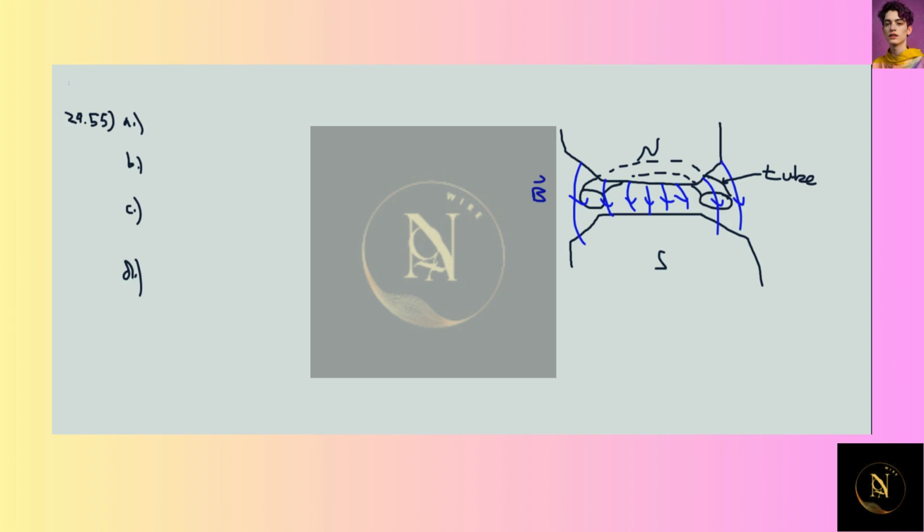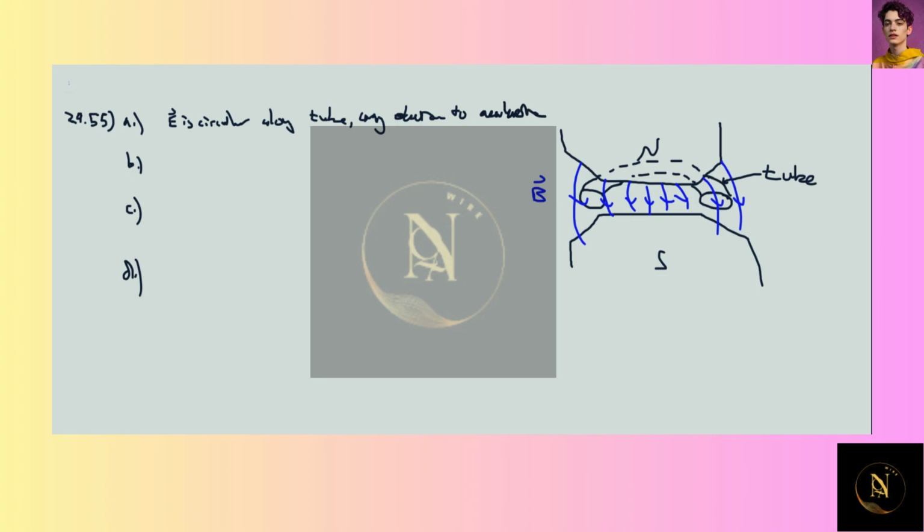And if this B field is downward and increasing, this induces a circular electric field along the path, along the tube. And that field applies an electric force to the electron, causing it to accelerate.